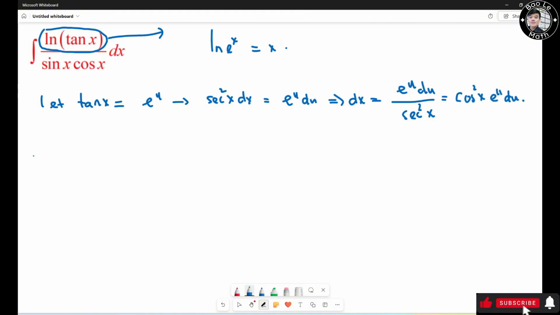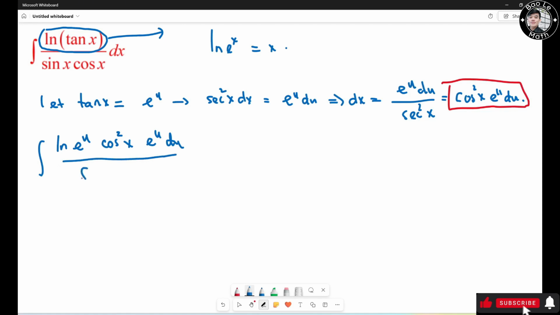Now we substitute over here, so we have natural log of e to the u, right? And then ds can be written as this one, right? So it turns out to be cosine square of s e to the u du, over sine s cosine s.